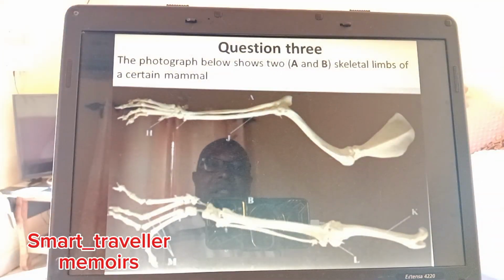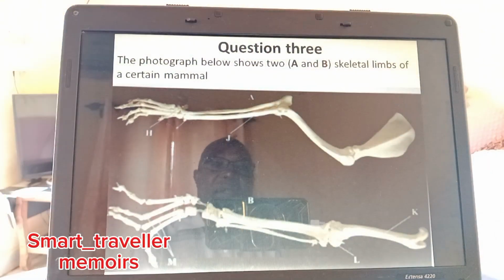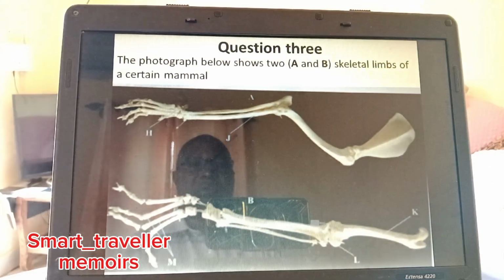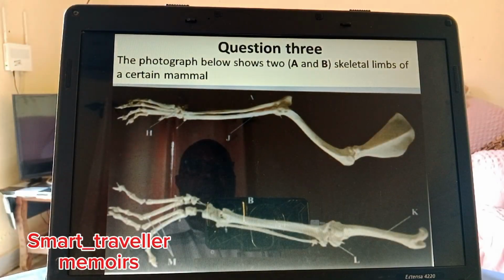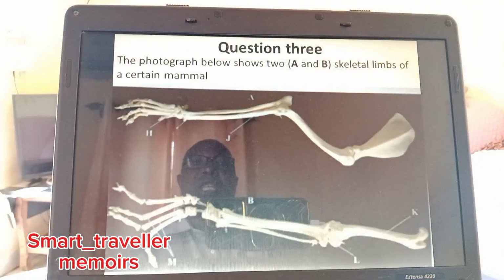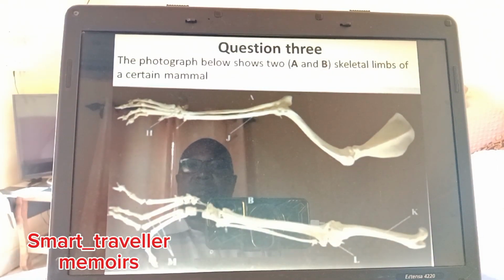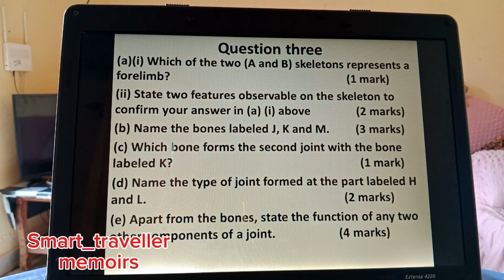So, the photograph below shows 2 bones, A and B, skeletal limbs of a certain mammal. And you can see the labels. There is A, J, H, B, L, K, and M. Questions you are asked in question 3.